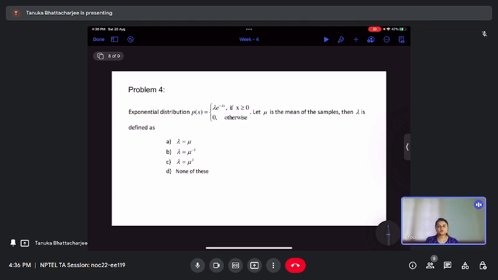As you know, the mean is basically the expectation. So, you can compute mu, the mean of the samples, as the expectation of this particular distribution, or expectation of this exponential distribution. That will give you the mean of this distribution or mean of the samples.